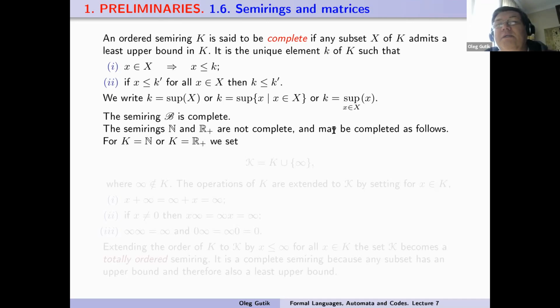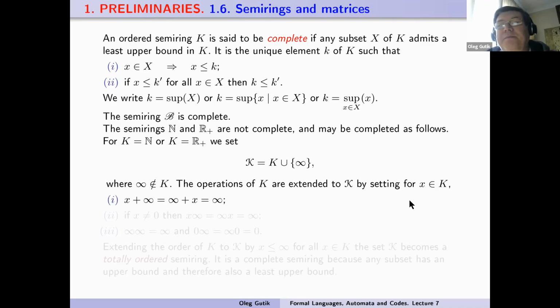If we put K is equal to N or K is equal to R plus, we put K italic equal to K union infinity, where infinity is an element which does not belong to K. The operations of K are extended to K italic by setting, for any x from K, x plus infinity is equal to infinity plus x is equal to infinity.